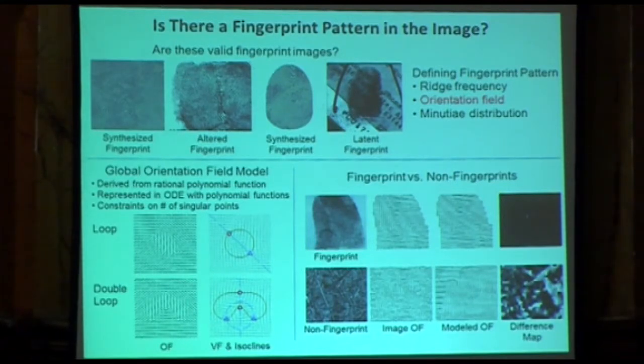So to define a fingerprint pattern properly, we have to consider 3 factors, including ridge frequency, orientation field, and minutia distribution. So in this paper, we are trying to develop a proper global orientation field for fingerprints. This model is derived from a rational polynomial function, and then we generalized this model in the form of ordinary differential equations and then represented as polynomial functions, which gives the advantage of solving this system in an algebraic way.